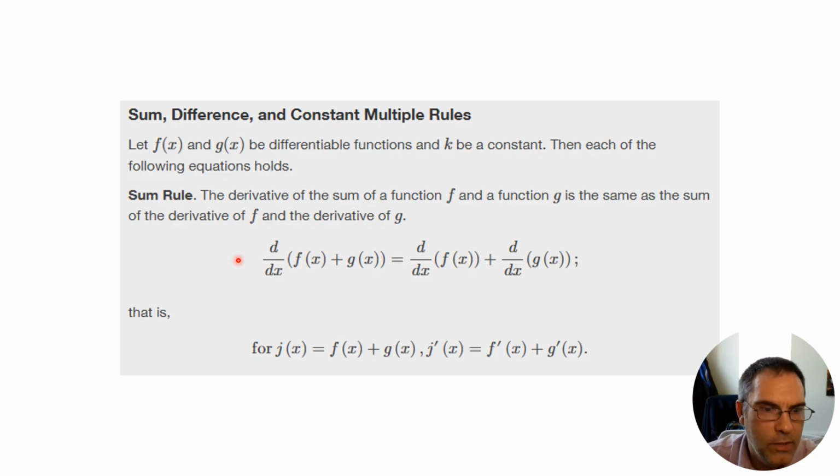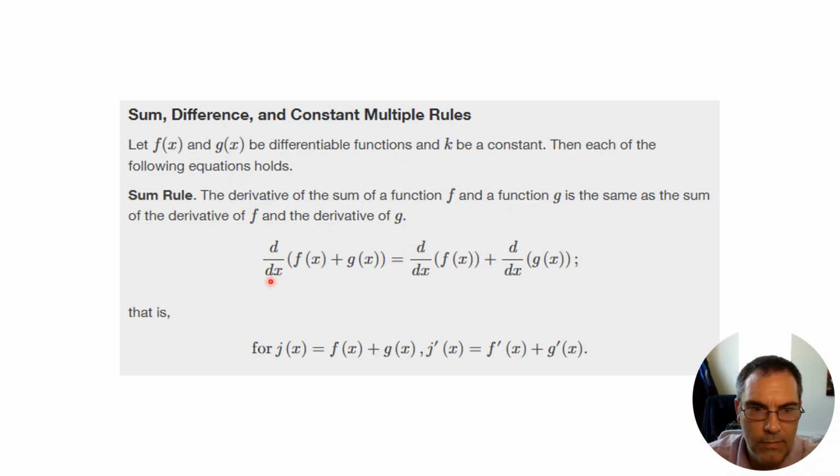So if we're taking the derivative of the sum of two functions, which is what's written here on the left, we're doing the derivative operation on f plus g. The rule is you can just distribute this through. So the derivative operation is distributive. You can just distribute it through, so then it becomes the sum of the derivatives.